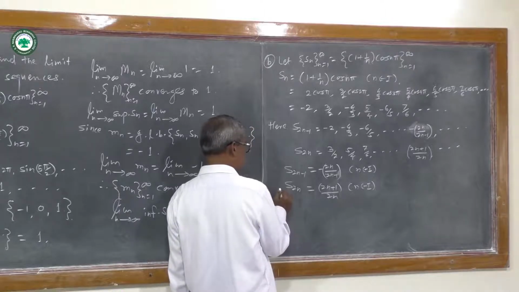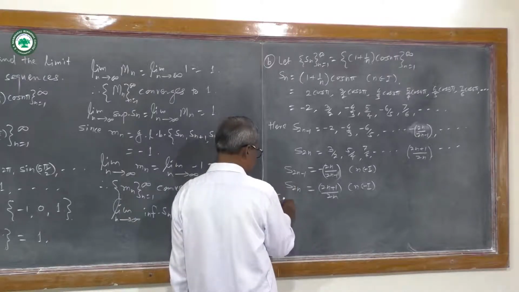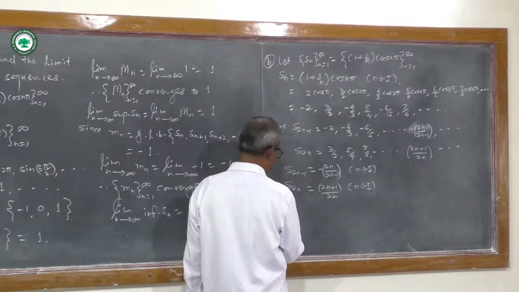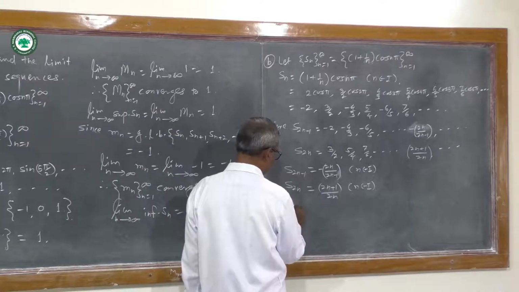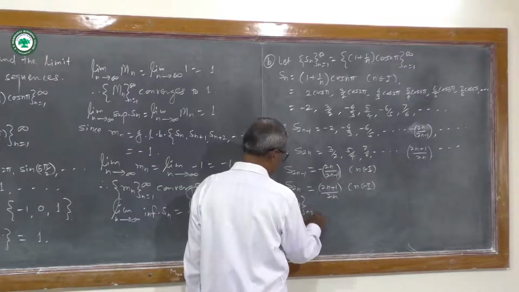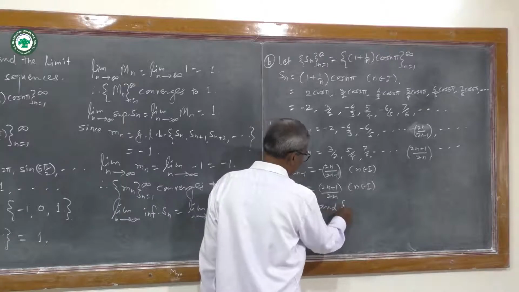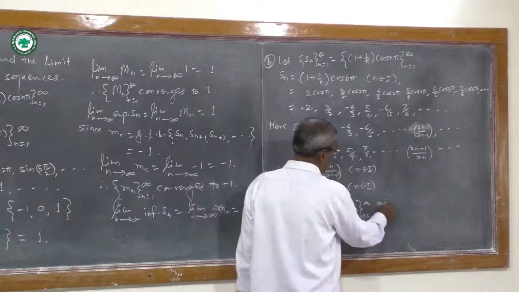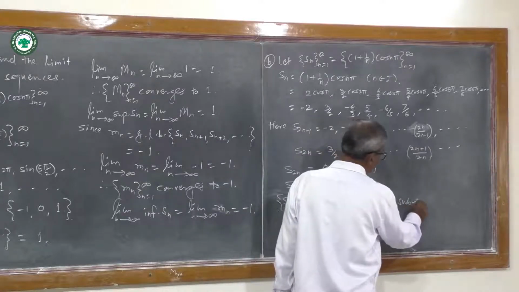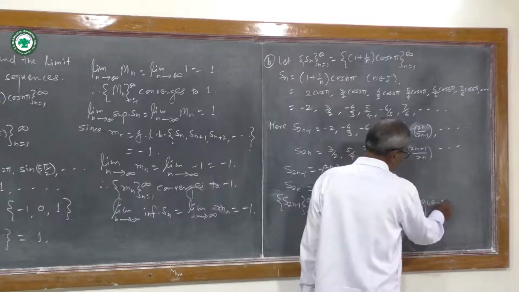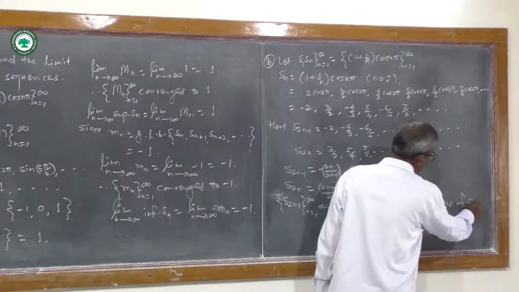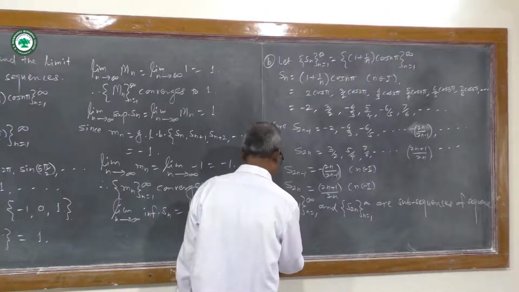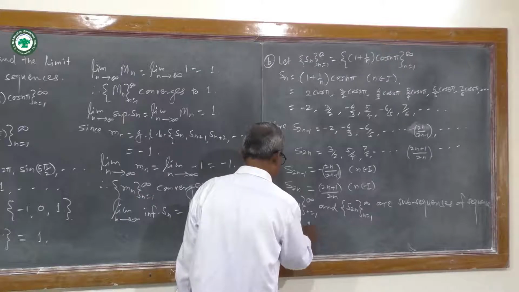The sequences S suffix 2n minus 1, n is equal to 1 to infinity, and S suffix 2n, n is equal to 1 to infinity, are subsequences of sequence S suffix n, n is equal to 1 to infinity.